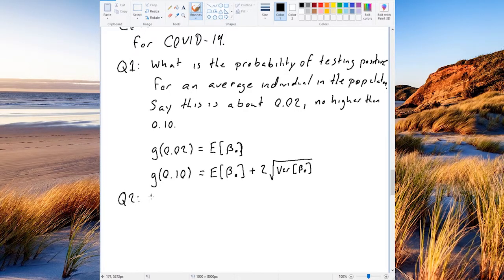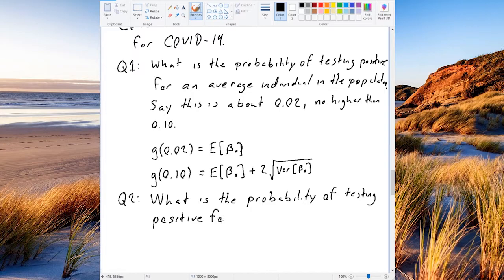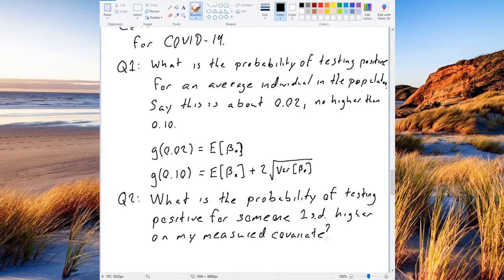Second question I want to ask is, what's the probability of testing positive for somebody who's a standard deviation higher on my measured covariate?